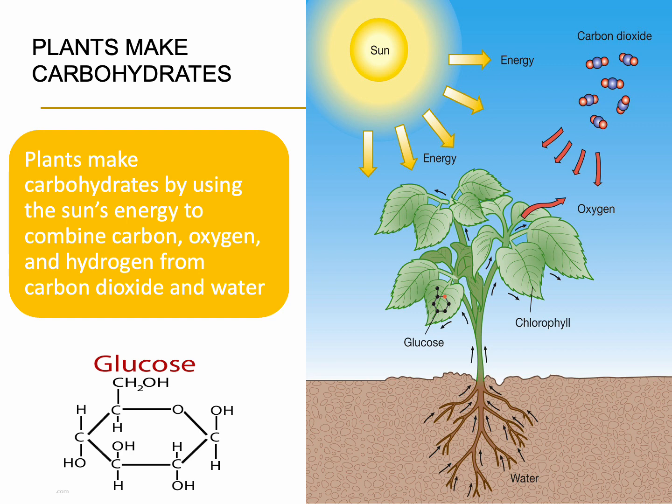And from those two things, we can form glucose. I'm sorry, not we, plants can form glucose. So if you look below, glucose, which is one of our carbohydrates, one of our monosaccharides, has a simple 6 carbon structure, and the chemical bonds, which are the bars, represent the energy contained in glucose.